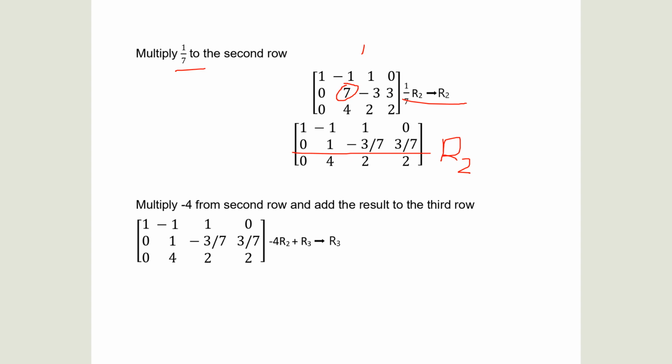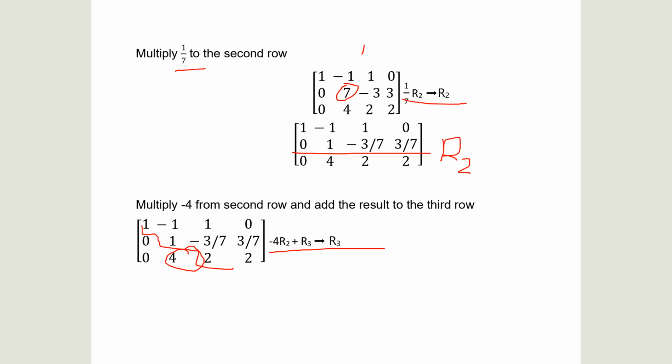And our next goal is to make this into 0, because we need to get the staircase. So this is our elementary row operation, negative 4 row 2 plus row 3 to produce new row 3.